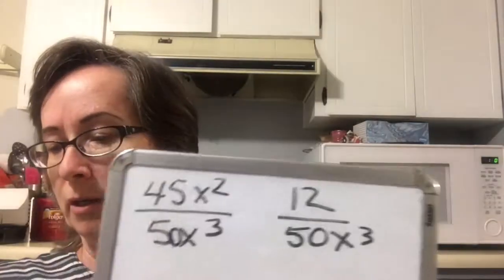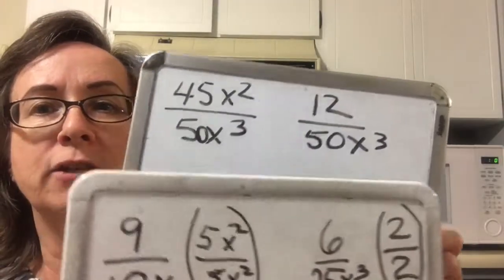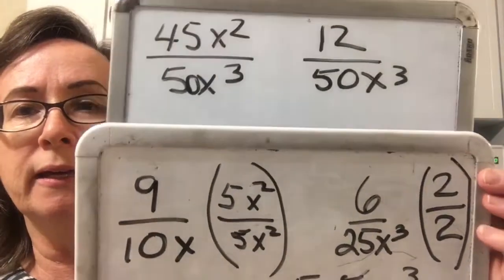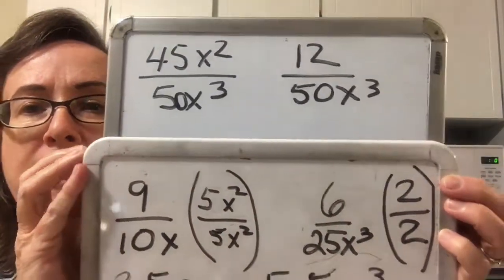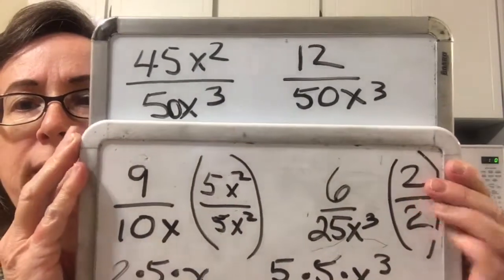And now look, if I have the two rational expressions redone, so this is the new one, where they are both over the same denominator. Okay, so let's see if I can hold these with one hand.